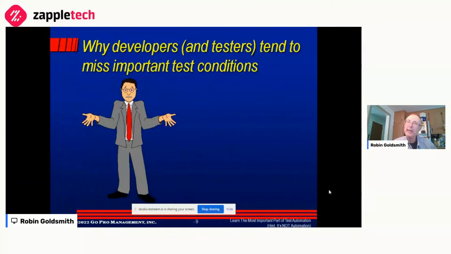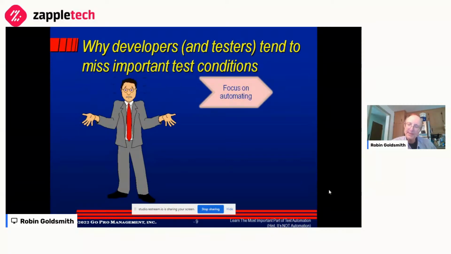And when I say we, I'm including both testing specialists and also developers and also users and anybody else who gets involved. And the biggest weakness of our tests is that they miss stuff.